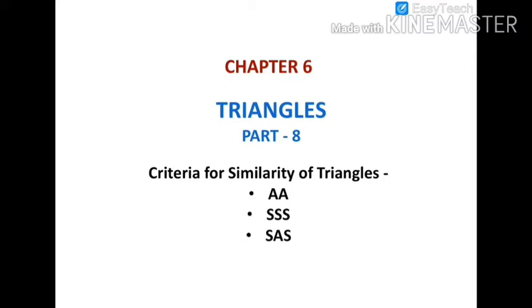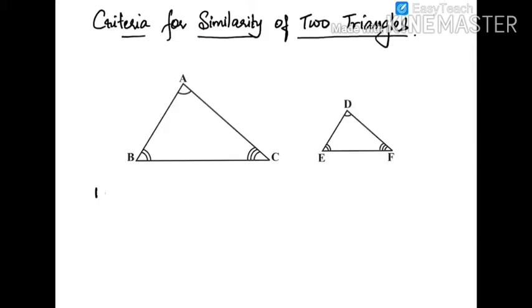So before starting with the criteria, let's recall the basic definition for similarity of two triangles that we had studied in the initial part of this chapter. Recall that two triangles are similar if their corresponding angles are equal and their corresponding sides are in equal ratio.